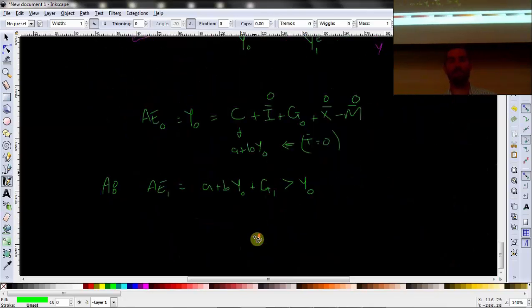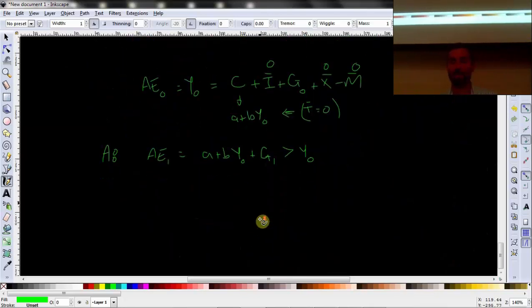So what happened? For equilibrium, what do we know about equilibrium? At equilibrium, we need Y equal to 1 over 1 minus b times the autonomous components.